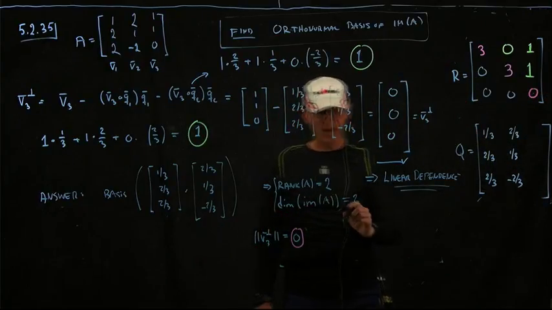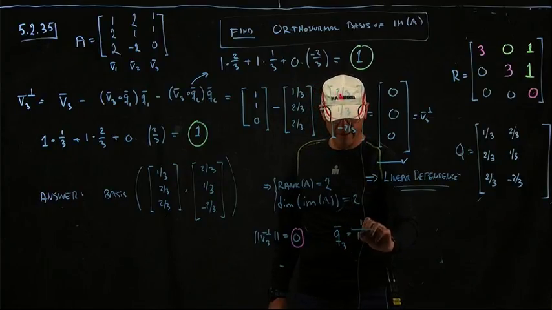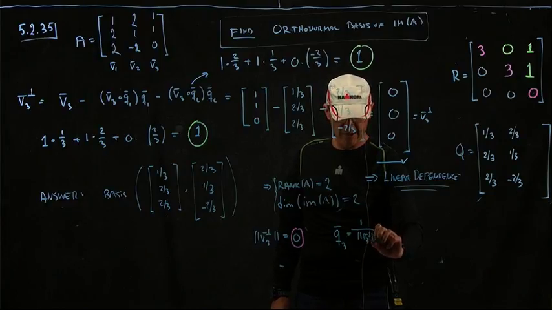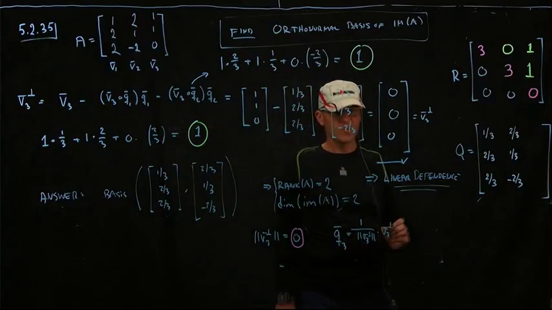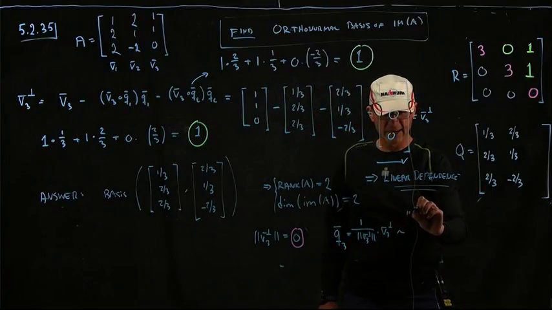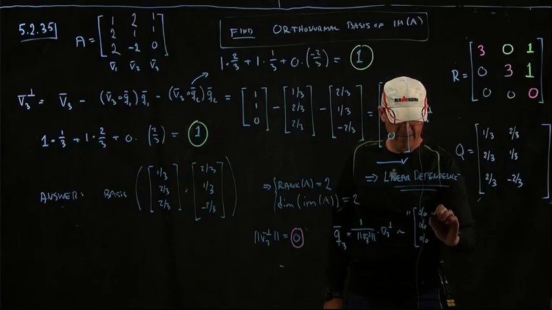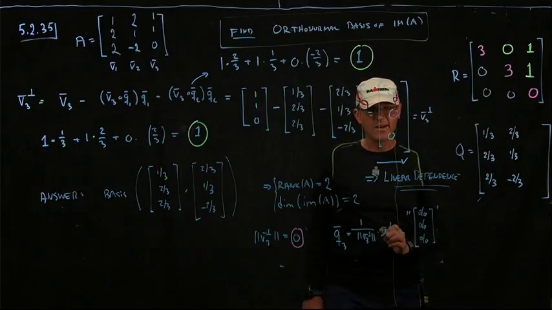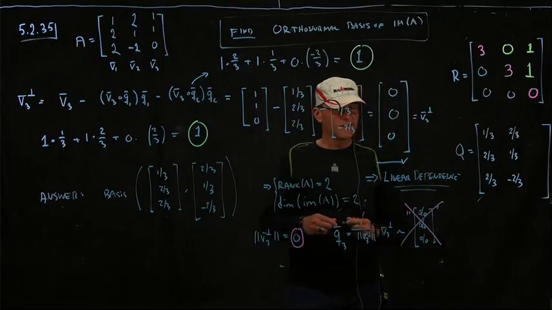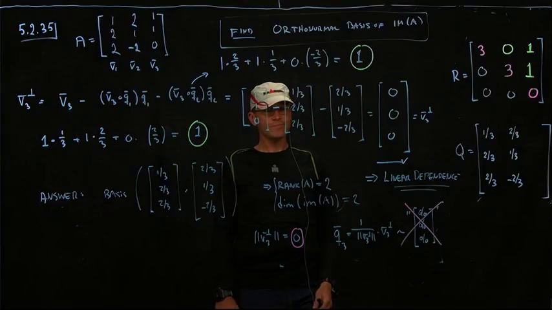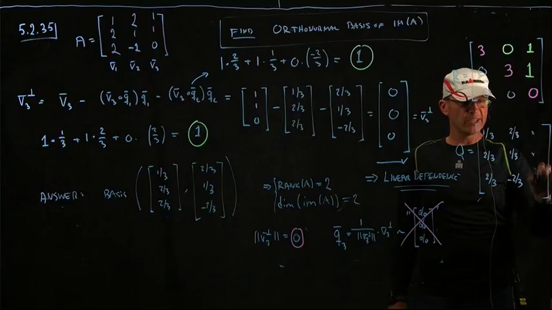But the next step is this: take that length, divide by it, and multiply. So then we get this vector where the elements are 0 over 0. And that's not a good thing, so that doesn't work. We can fill this in, but we need to pick something else.